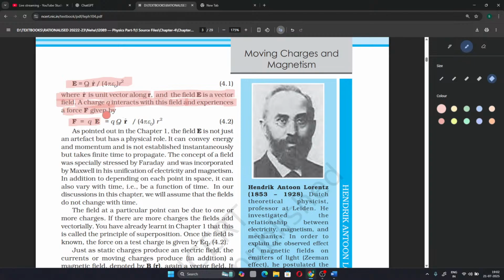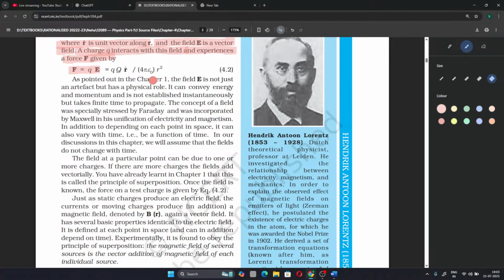When we bring in a small charge q in the presence of the electric field created by the capital Q, this small q interacts with this field and experiences a force F that is given by F equals q times E.